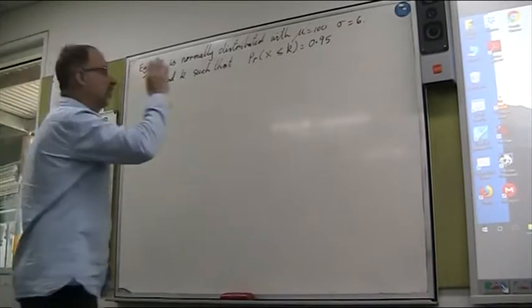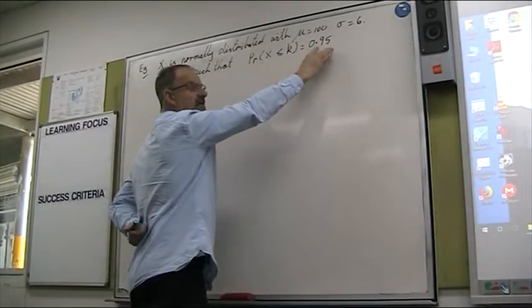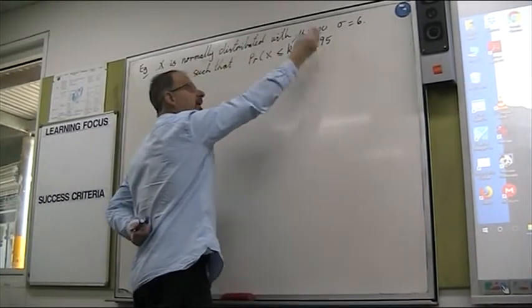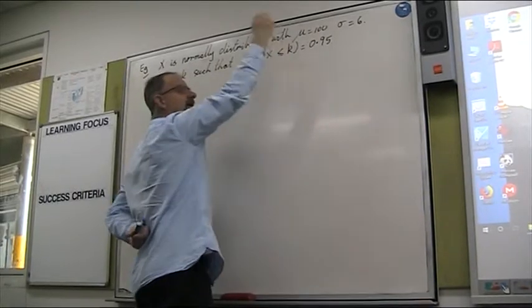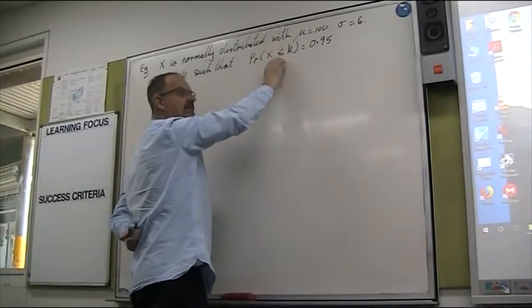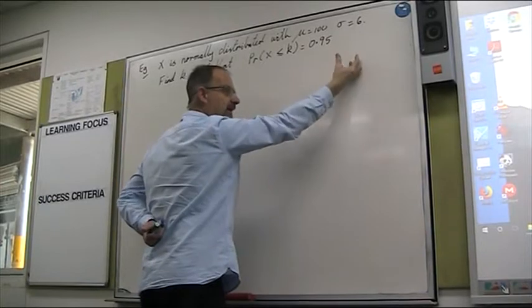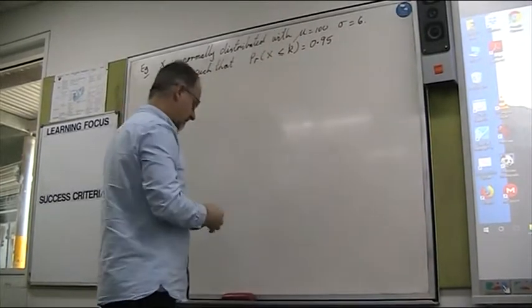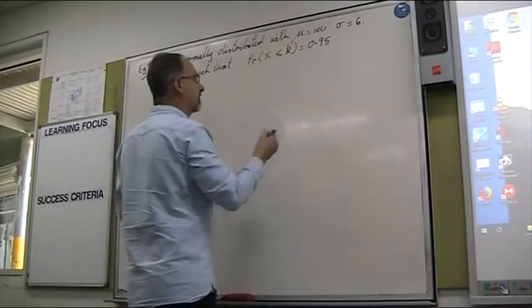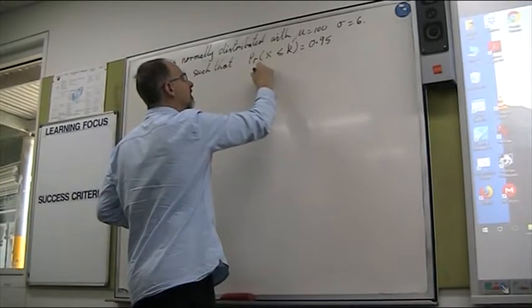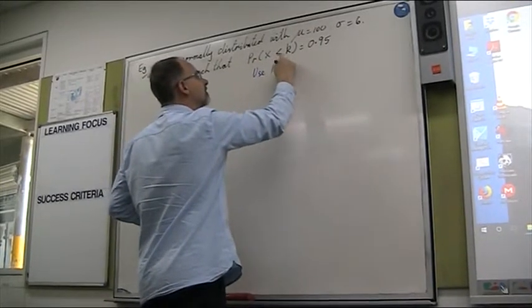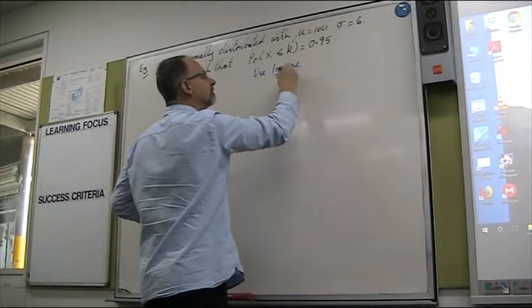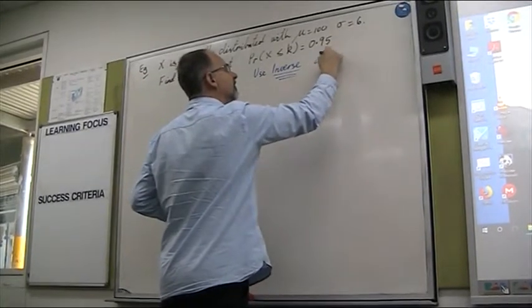This time, because we're starting with our probability and going back, that's where the inverse comes in. We started with this, found the probability, and now we're going back the other way. So for this, we need to use inverse distribution.